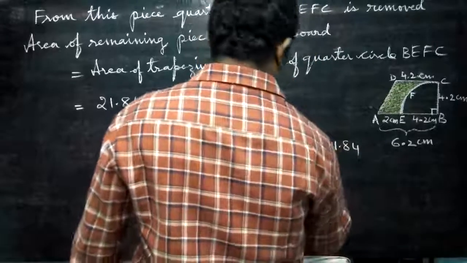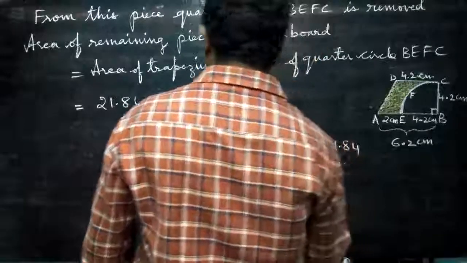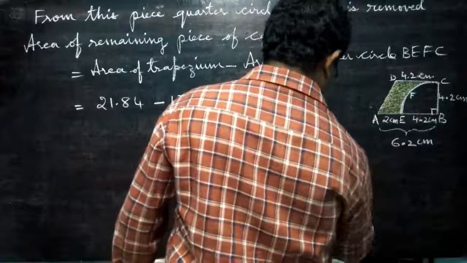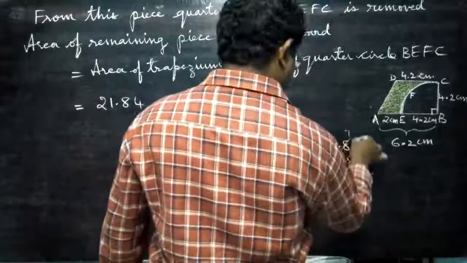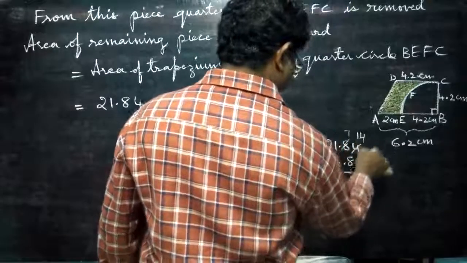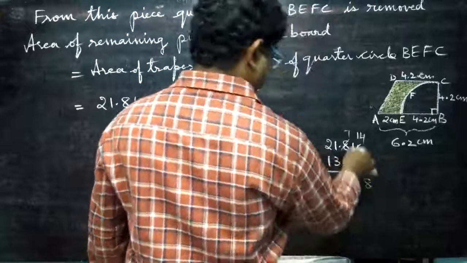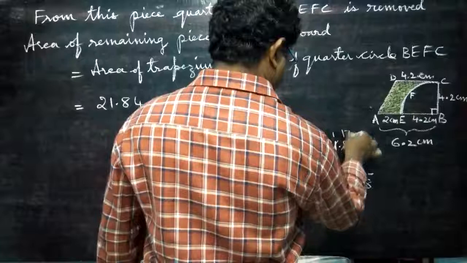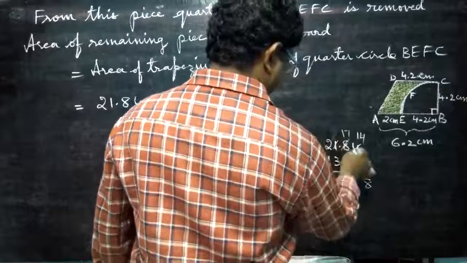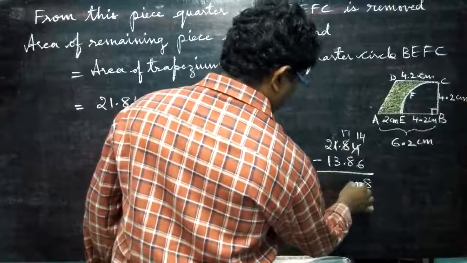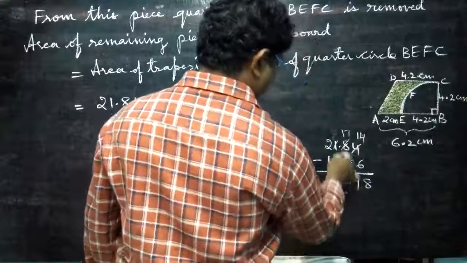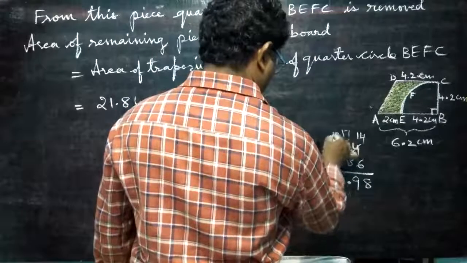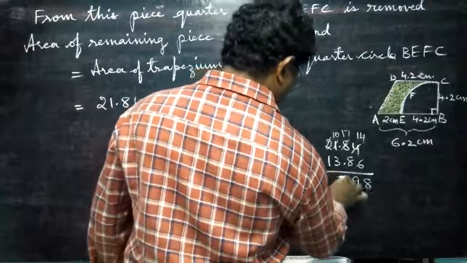21.84 minus 13.86. Borrow here 7, here 14. 14 minus 6 is 8. Next again borrow. Here 17. 17 minus 8 is 9. Point. Here borrow 10. 10 minus 3 is 7.